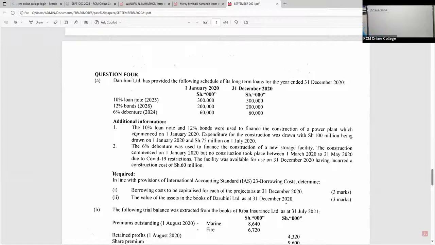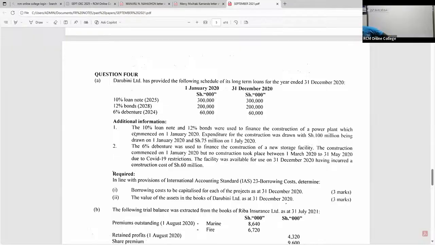You are told the 10% loan note and 12% bonds were used to finance the construction of a power plant, which commenced on 1st of January 2020. Expenditure was drawn, with 100 million on 1st of January and 75 million on 1st of July 2020.